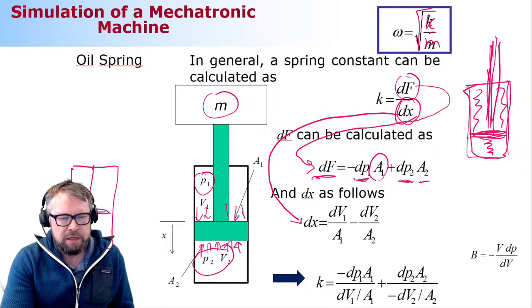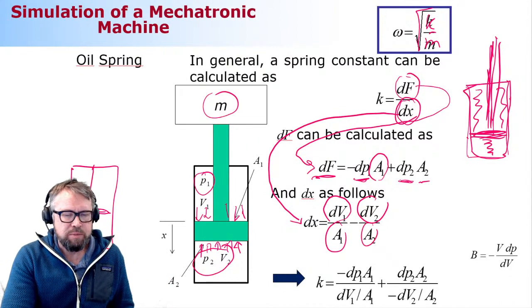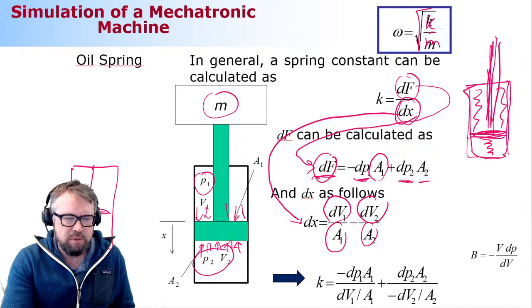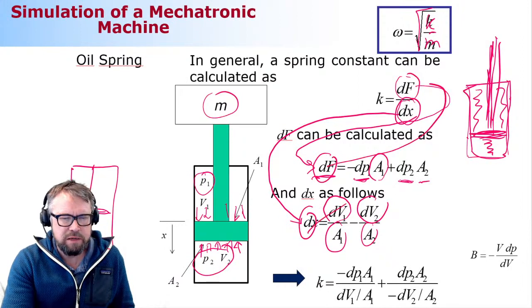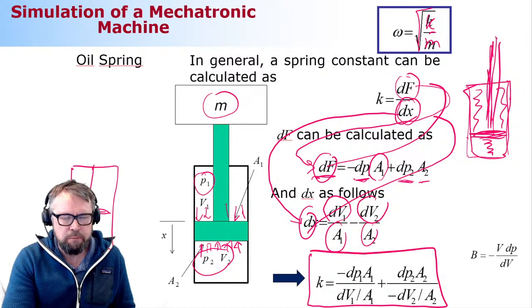is this one here. The change of the displacement goes such that you have the volume change divided by the corresponding cross-section area, and the volume change here divided by the corresponding cross-section area. Now when you substitute in that information, you get this stiffness as it is shown here.